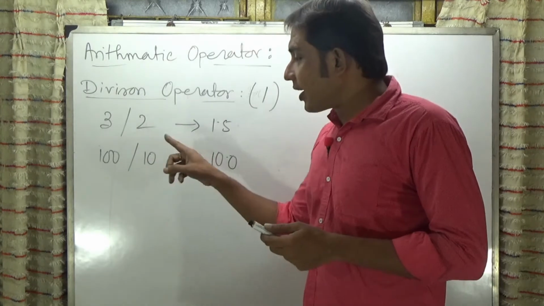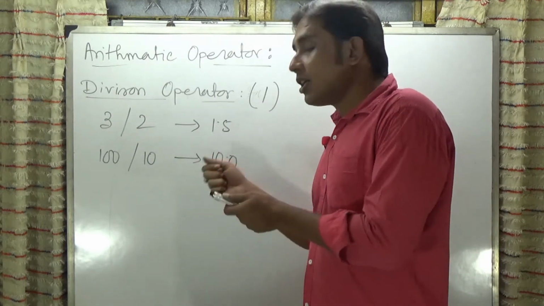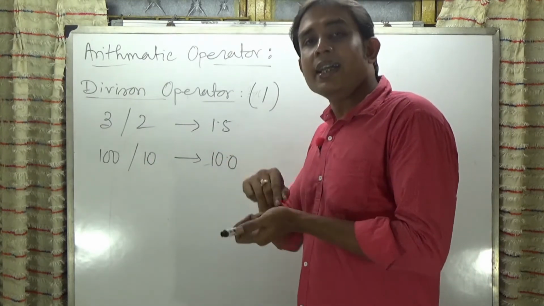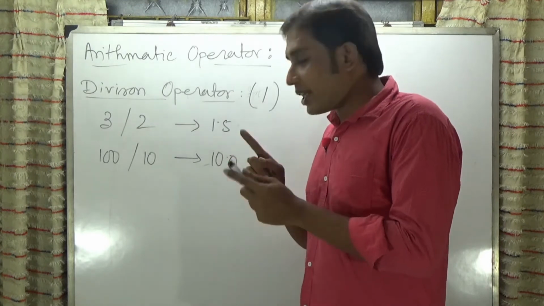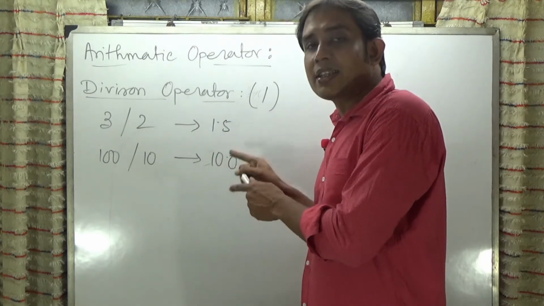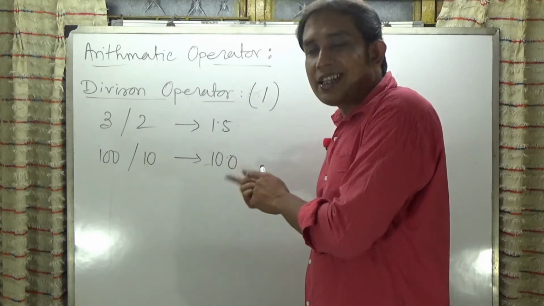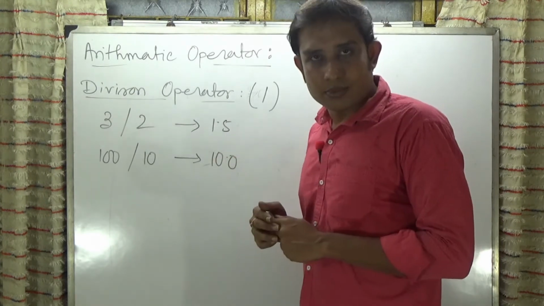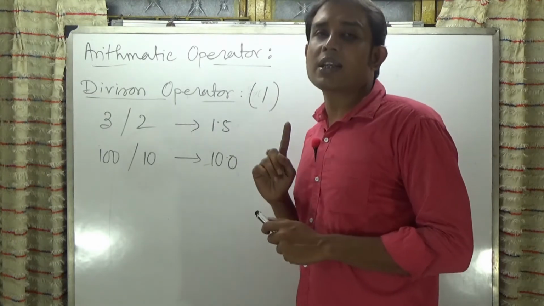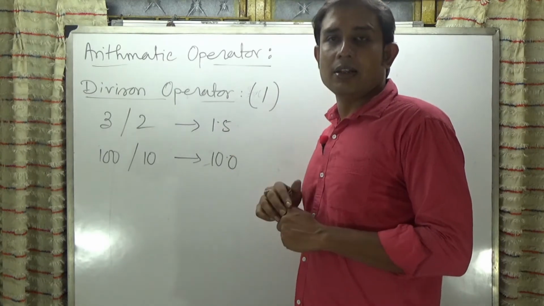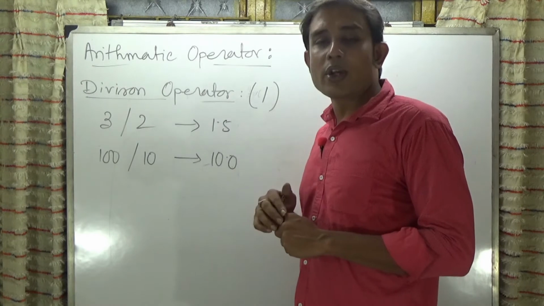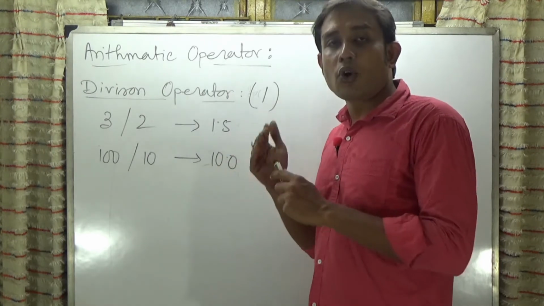So when 100 is divided by 10, it does not give only 10, it always returns a float. That's why I am writing it in the form 10.0.